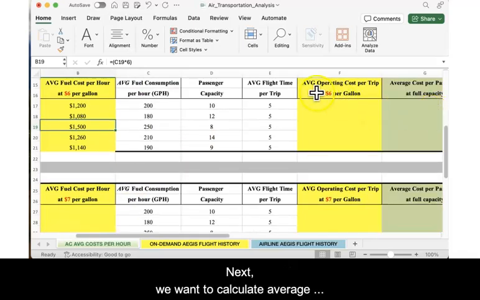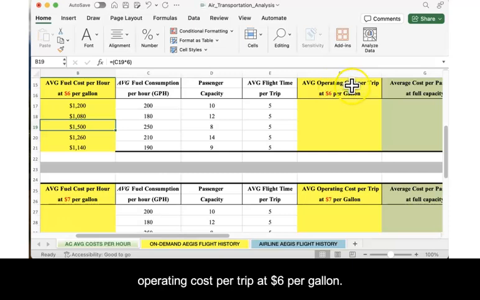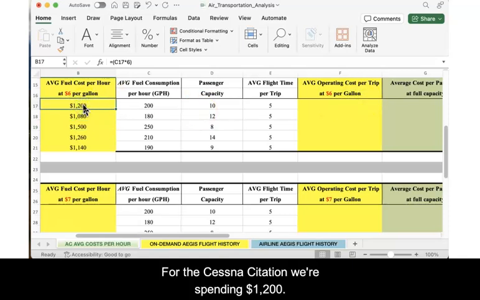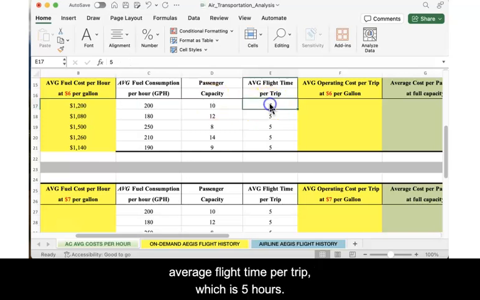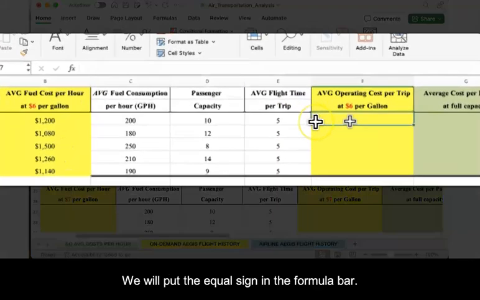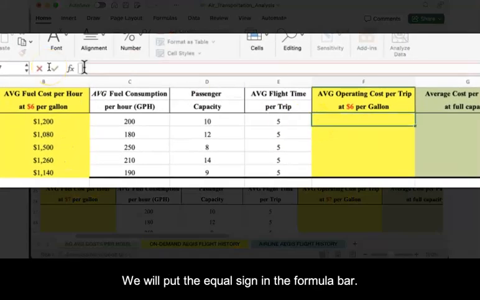Next, we want to calculate average operating cost per trip at $6 per gallon. We already know that per hour for the Cessna Citation, we're spending $1,200. So all we have to do is multiply that number by the average flight time per trip, which is 5 hours. We will put the equal sign in the formula bar.